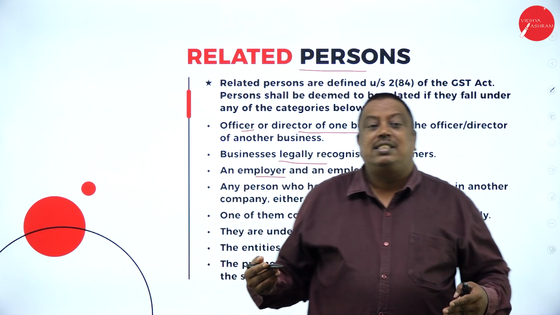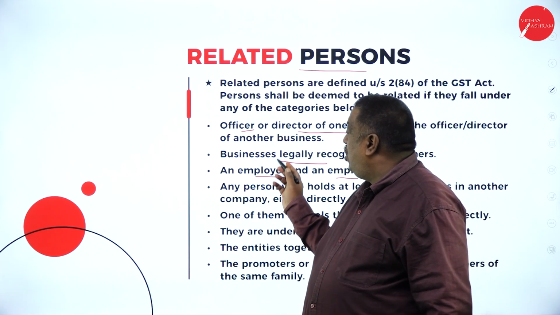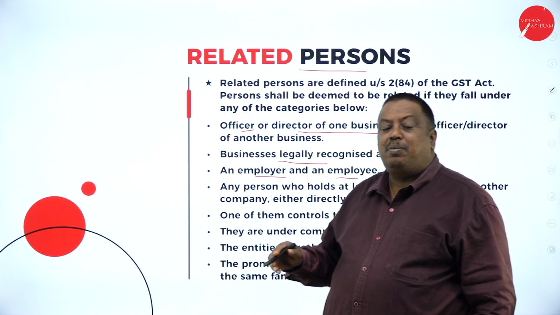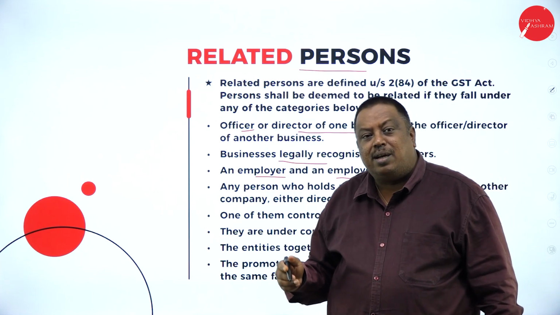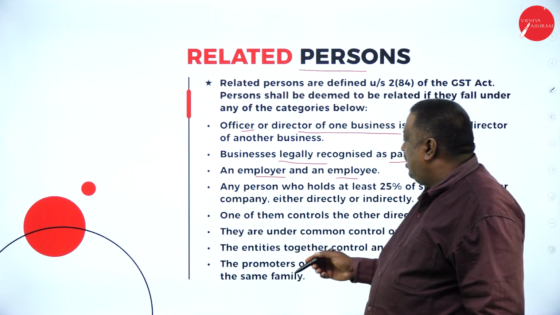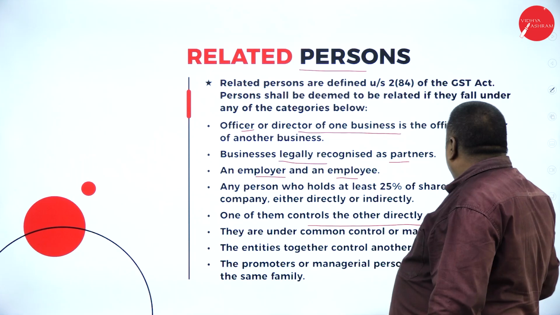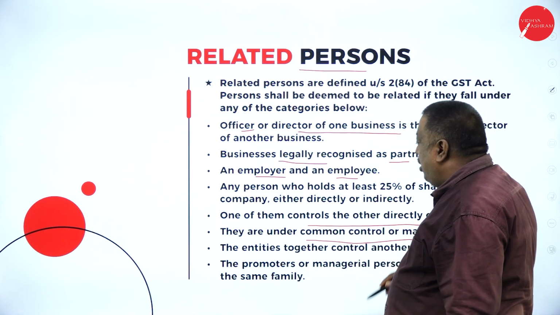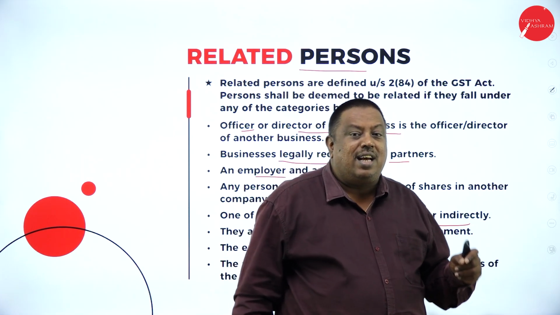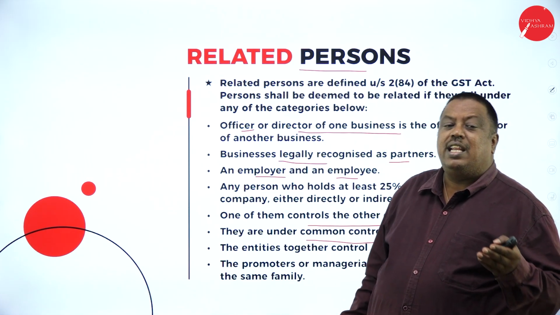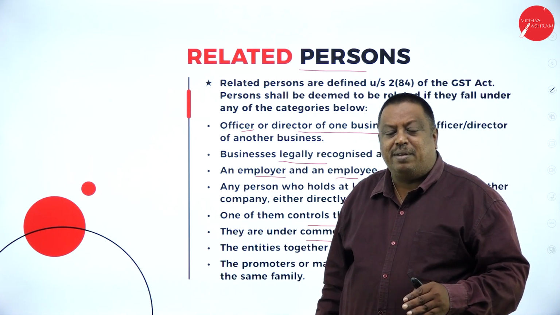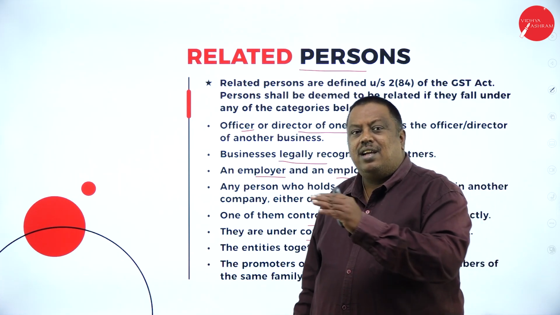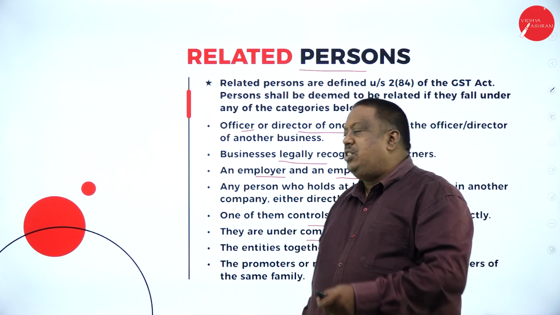They may sell the goods on the directions of the employer, sometimes at a lesser price or sometimes at a higher price. One of them controls the other directly or indirectly, or they are under common control or management. A director or any official person of the management is also called a related person according to GST.